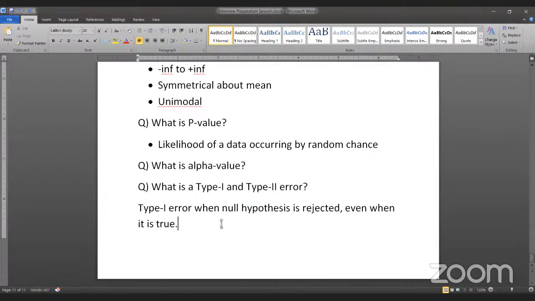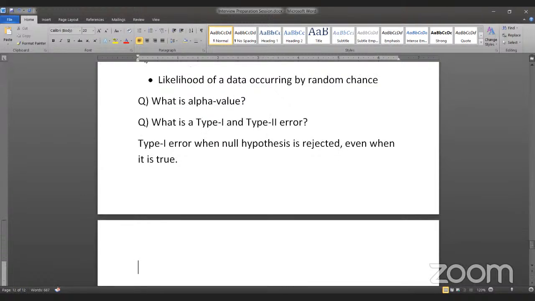Then we have type 2 error. These are the errors in hypothesis testing.